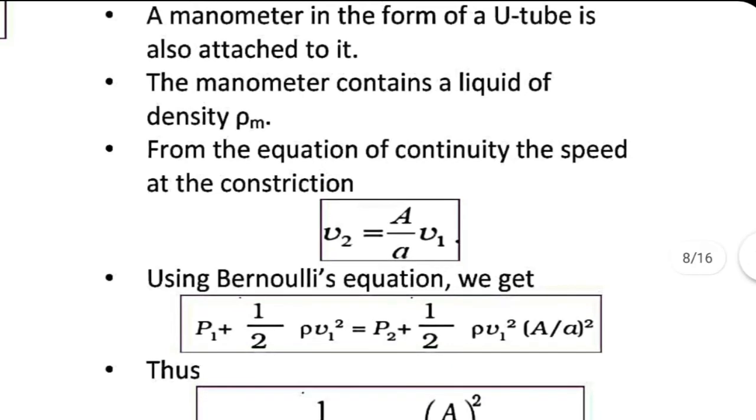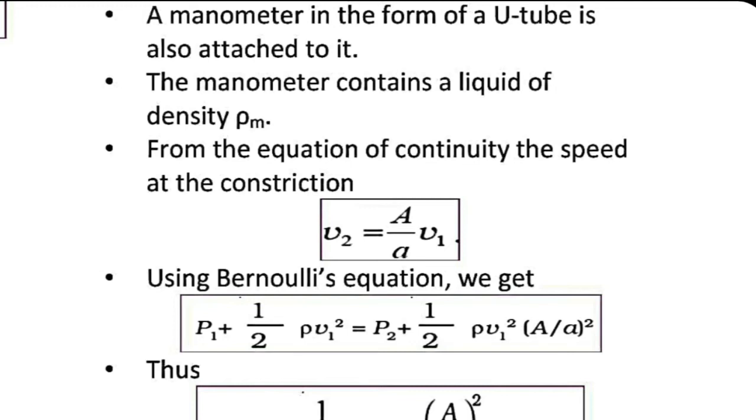So we can use the special case, P plus half rho V square equal to constant, because there is no change in height. So we have P1 plus half rho V1 square equal to P2 plus half rho V2 square.